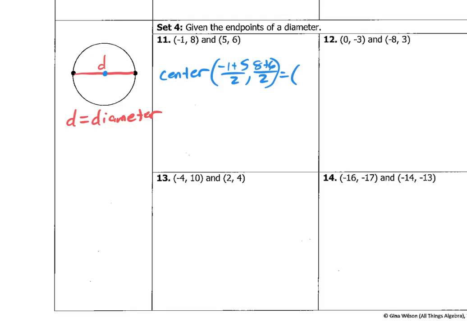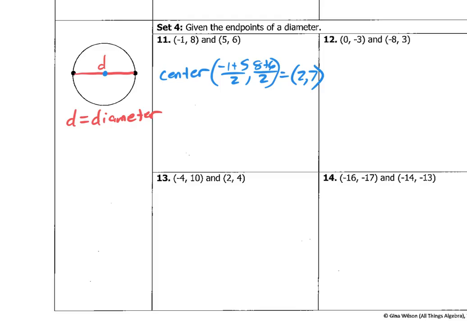And we just got to do a little bit of math. -1 plus 5 is 4. 4 divided by 2 is 2. 8 plus 6 is 14. 14 divided by 2 would be 7. That's my center. That's this point right here in the middle.